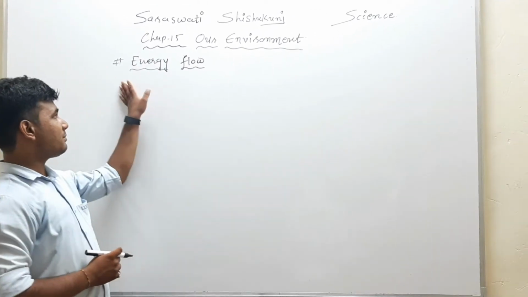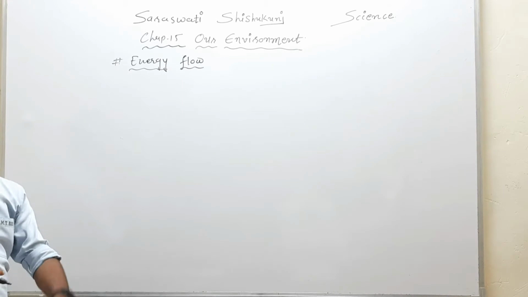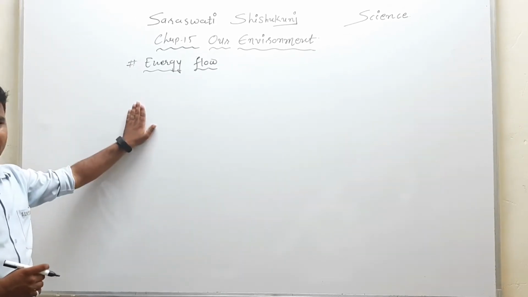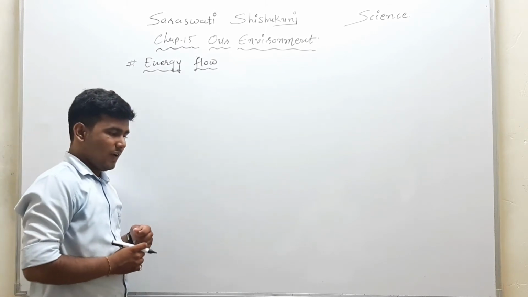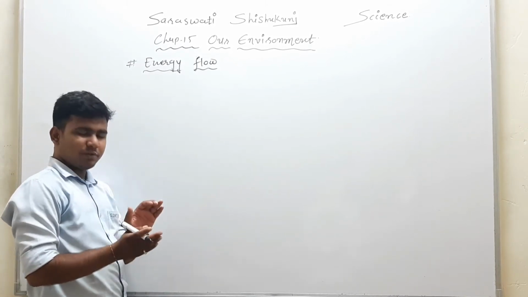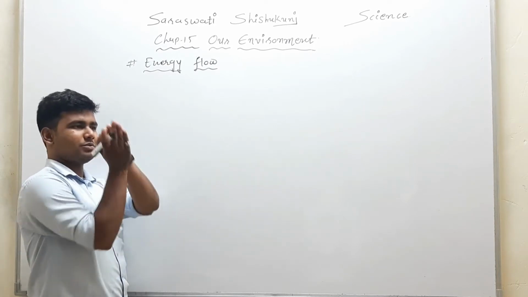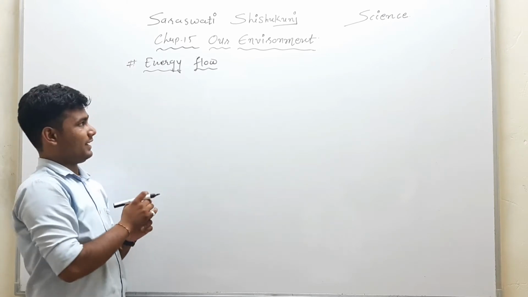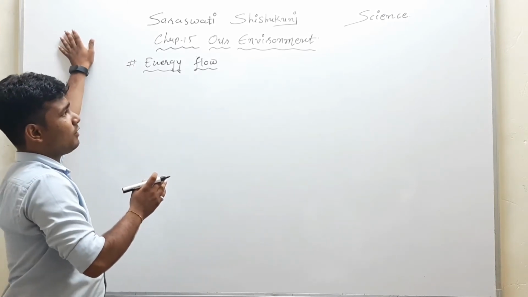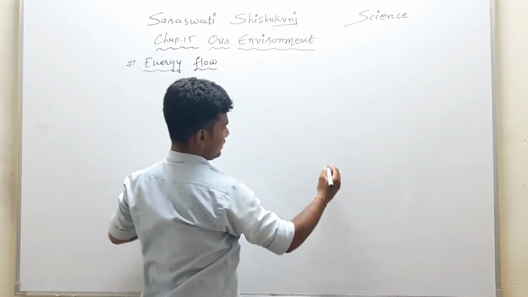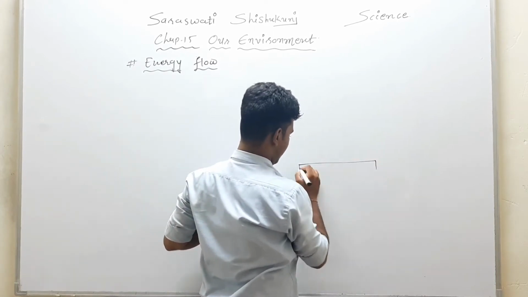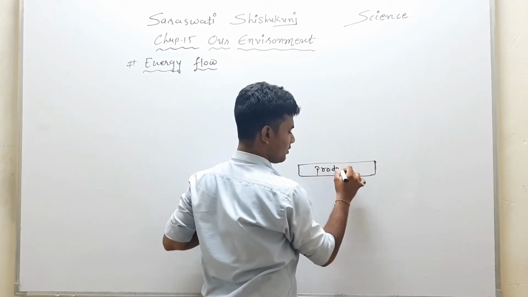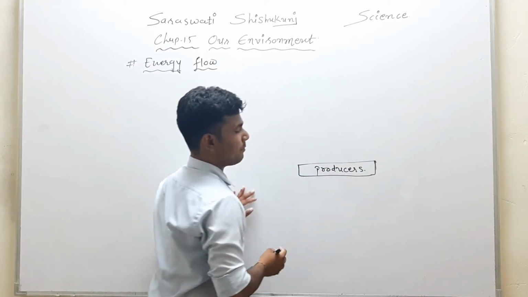Now the next concept is energy flow, or flow of energy. As we know, in the food web and food chain we studied, from producers to herbivores to carnivores, the trophic level increases. Now we can understand the flow of energy in this way. Suppose we take our first trophic level, that is our producers. In that we have plants.